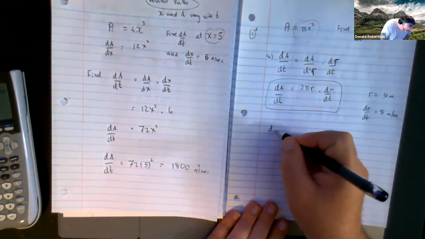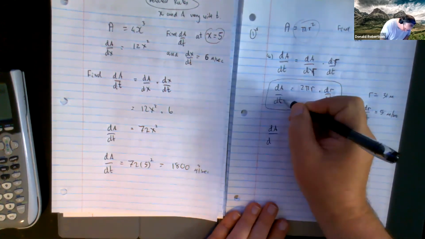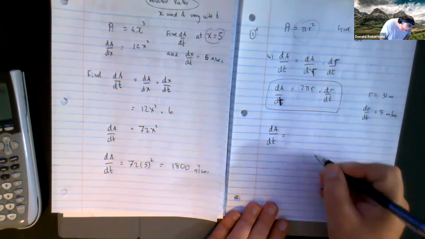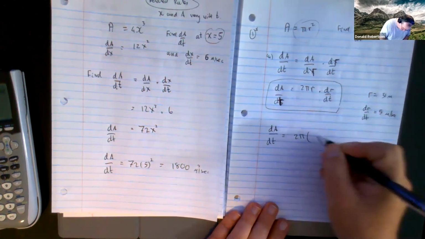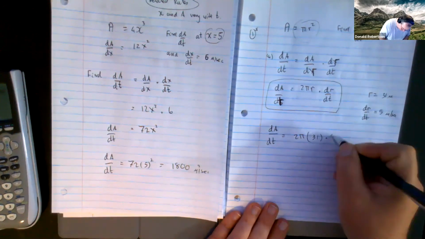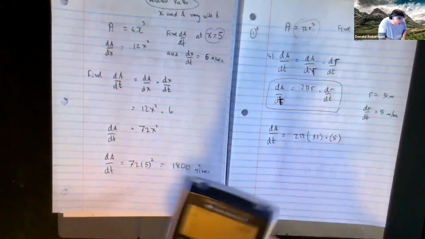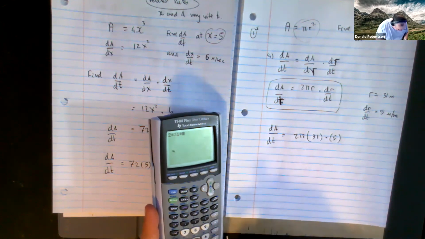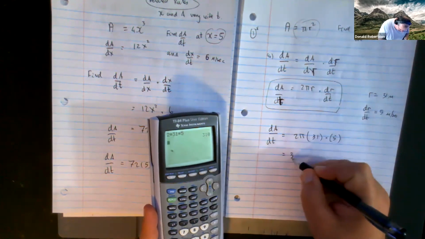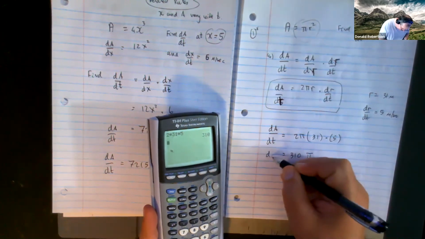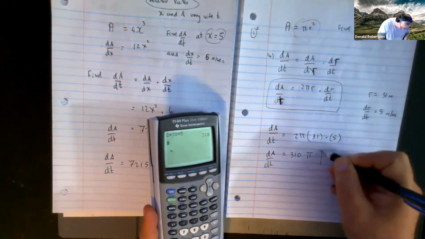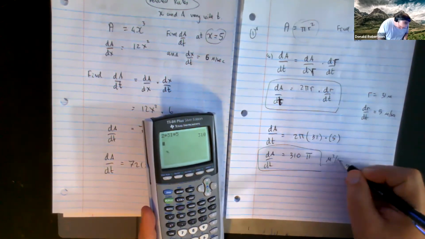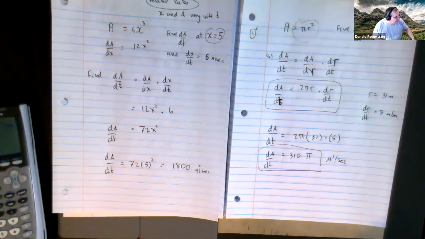So the rate at which the area is changing, there I go again, with respect to t, is 2 pi 31 times 5. And if I just go 2 times 31 times 5, I get the answer 310, and just tack a pi at the end. Now I could find out what that is as an ugly decimal, but as an exact value, leave it alone. If you can leave it alone, it's better to do that.